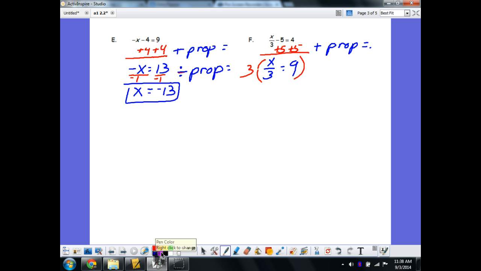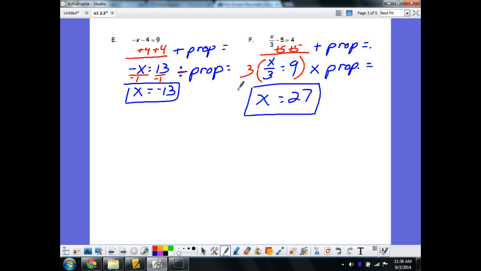And that is, of course, multiplication property of equality. 3's cancel there, so we're left with just x. 3 times 9 is 27. Quick check. 27 divided by 3 is 9. 9 minus 5 is in fact 4. So we know we have the correct answer.